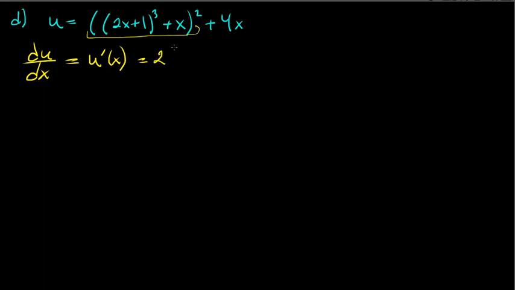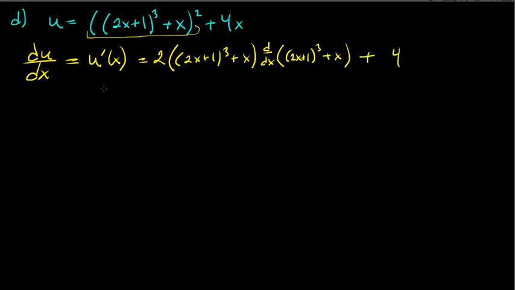So by the power rule, it's just 2 times all of this to the 1. And then by the chain rule, times the derivative of the same thing. Right. And then plus the derivative of 4x, of course, is just 4.